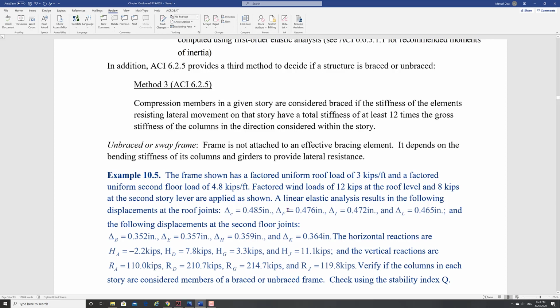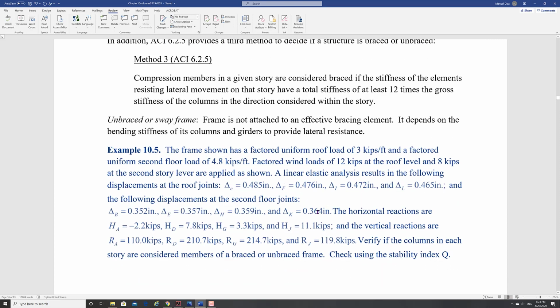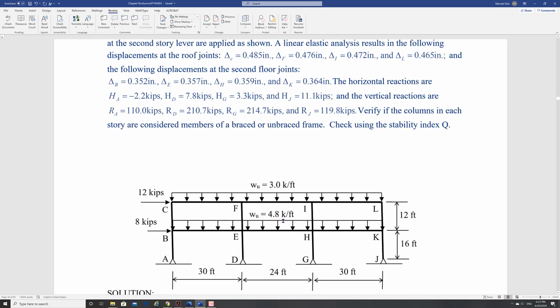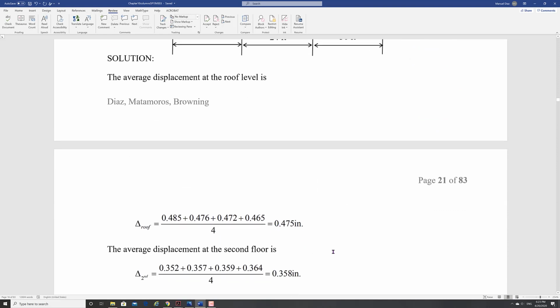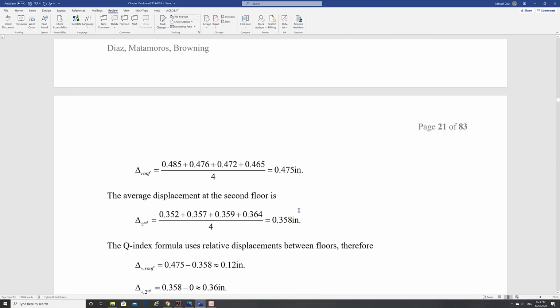So they are almost the same value pretty much, but they're not exactly the same. If you ignore the axial stiffness, you get only one displacement, one value for all the joints. So we're going to find an average of the displacement. That's what you got on the roof. And then at the second floor, this is your average.